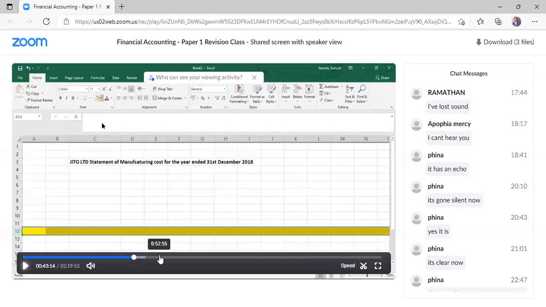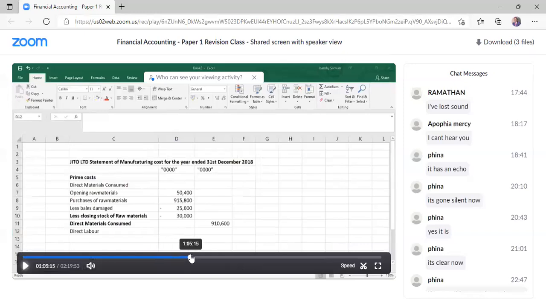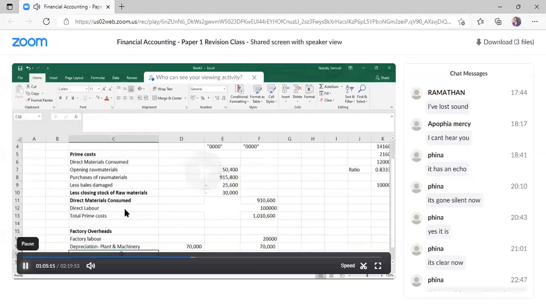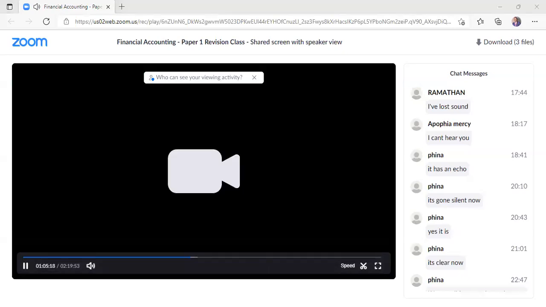I want us to try out another question that is not here. So I'm surprised that some of you have not gone through this, yet you have it. Maybe it's because it's at the bottom.